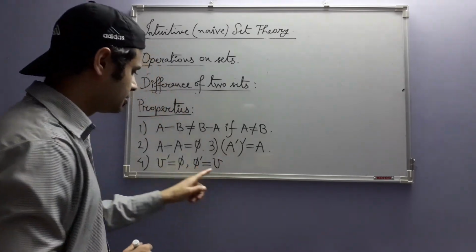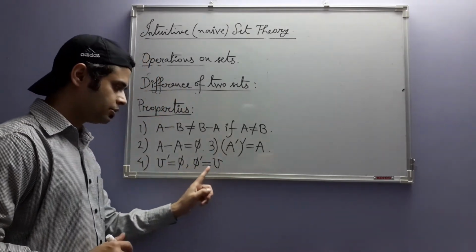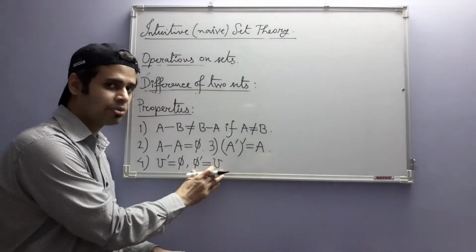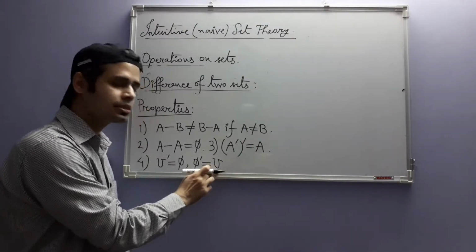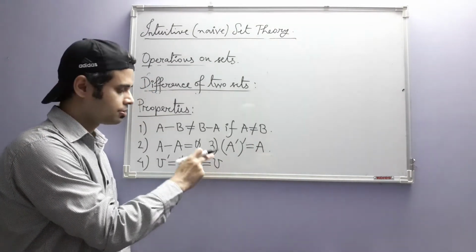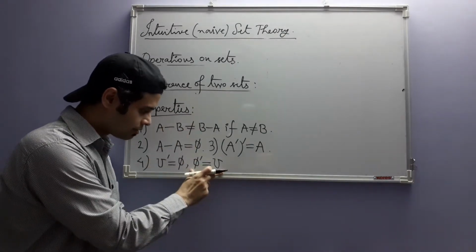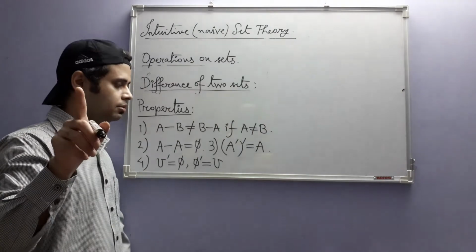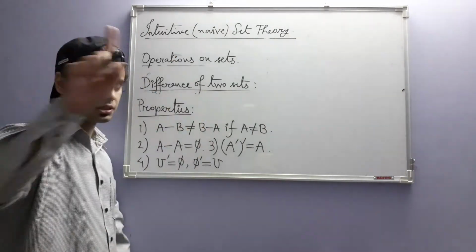Now you see, just a property like this may not make sense, because a universal set is not something unique. So you can write this only when you have decided on a universal set.